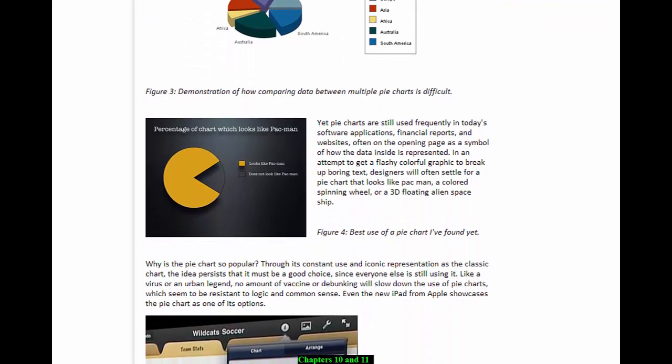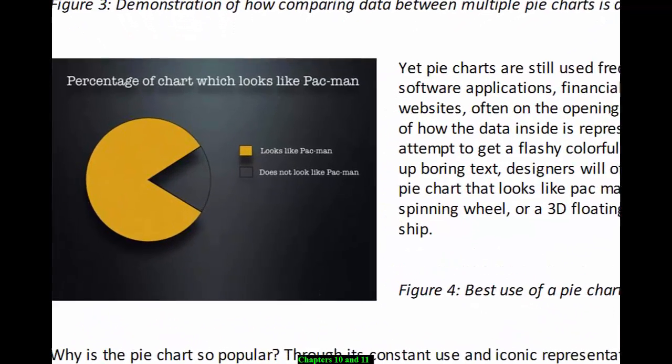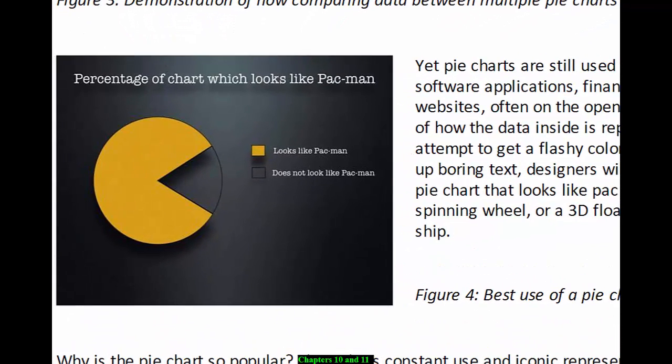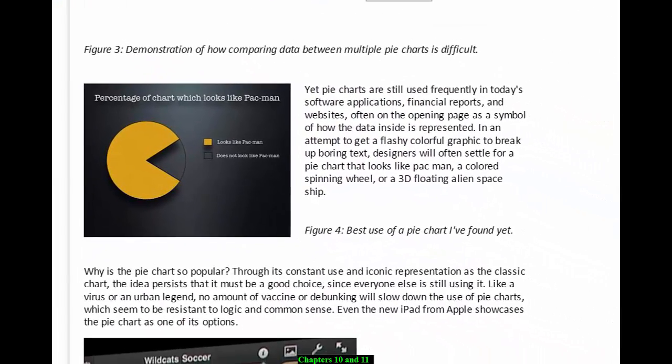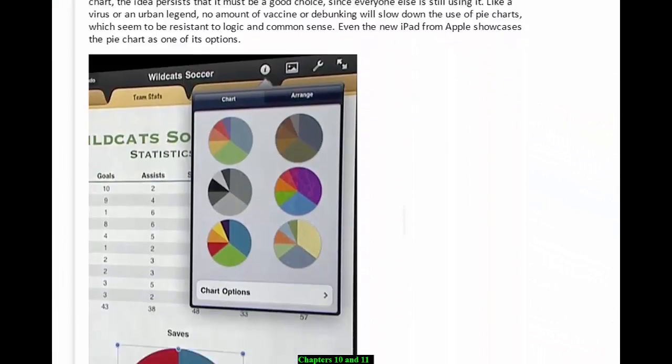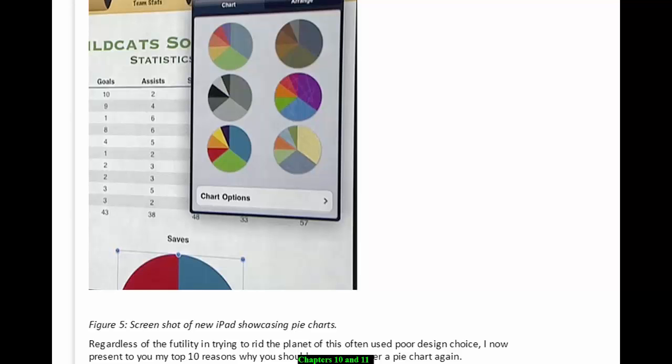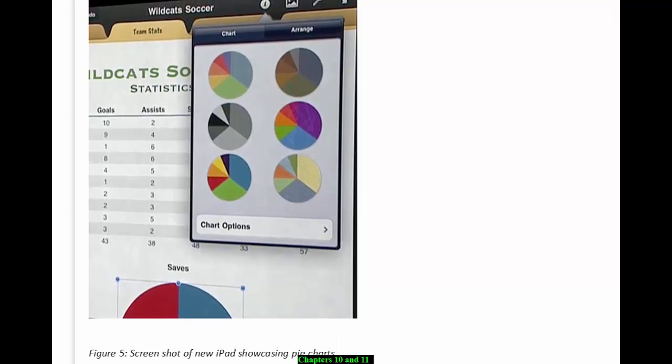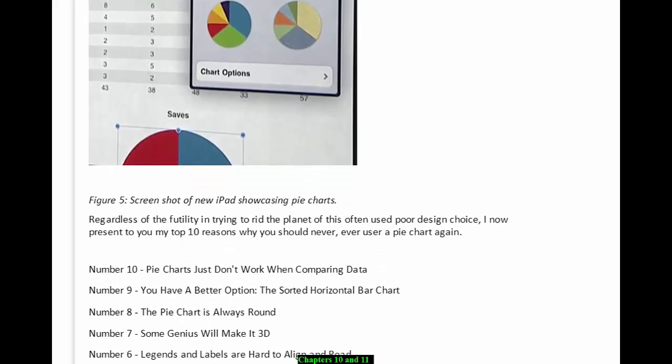Number 4 might be my favorite, the best use of a pie chart I've found yet. Yellow in the key says looks like Pac-Man, and black in the key says does not look like Pac-Man. Alright, and figure 5 is a screenshot of a new iPad showcasing pie charts.